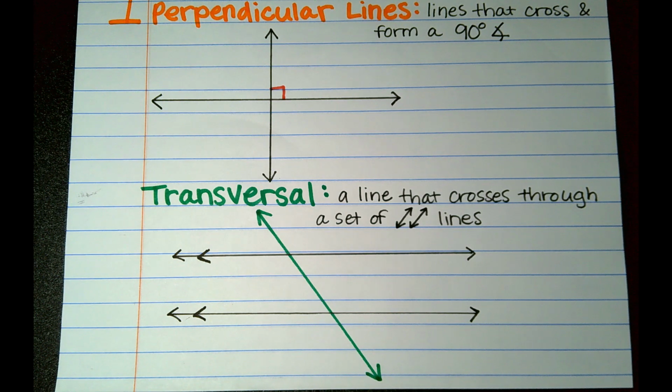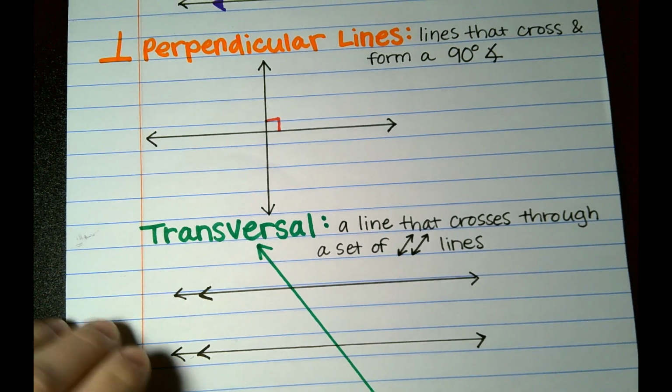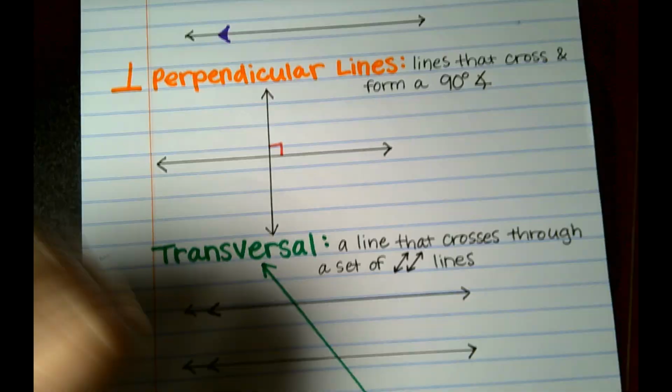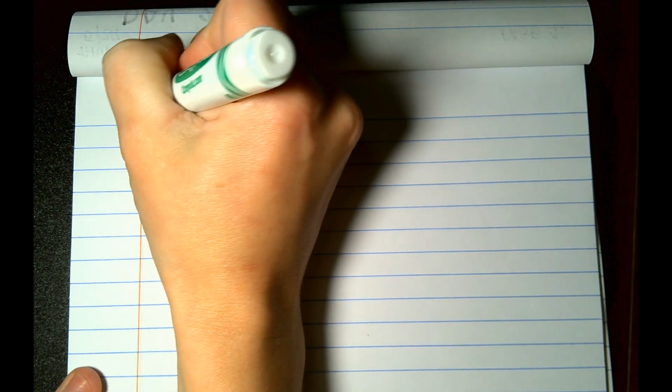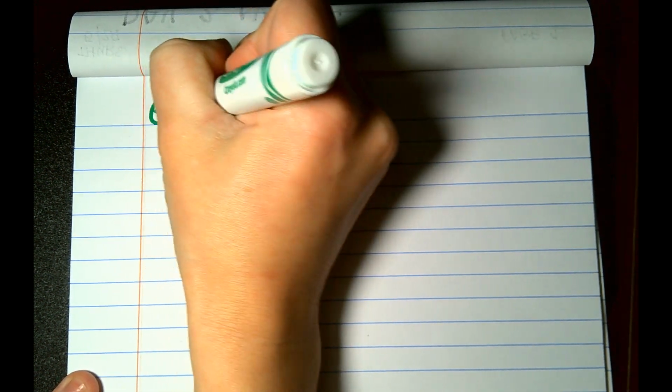Okay, so let's go to the next page. For me, I don't know if it's the next page for you. And I'm just going to title my page again so I don't lose it later.